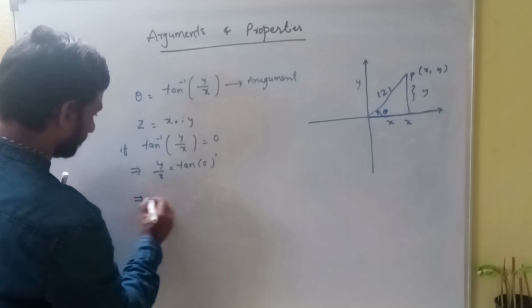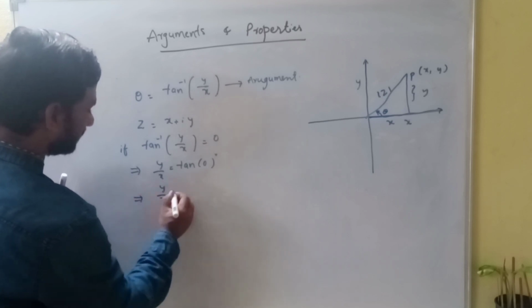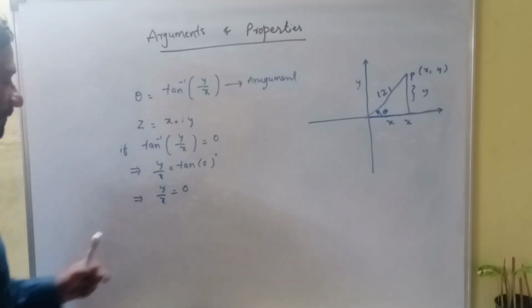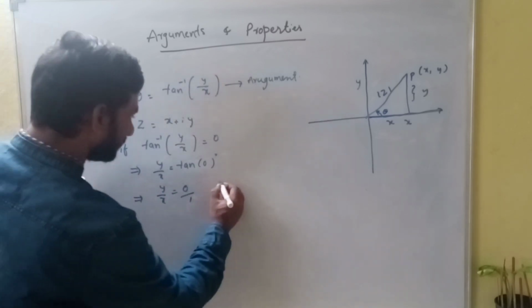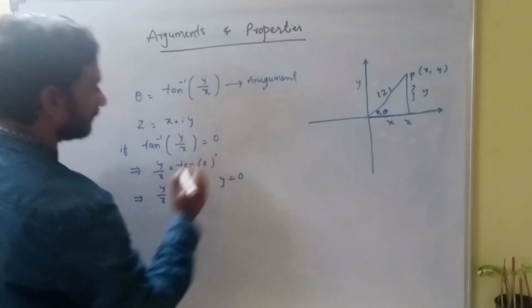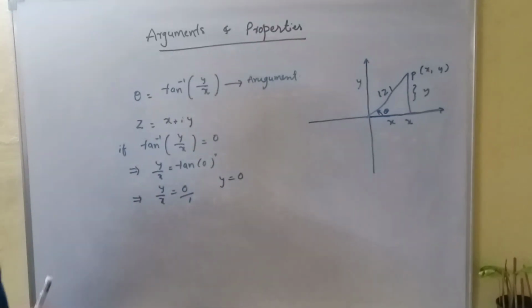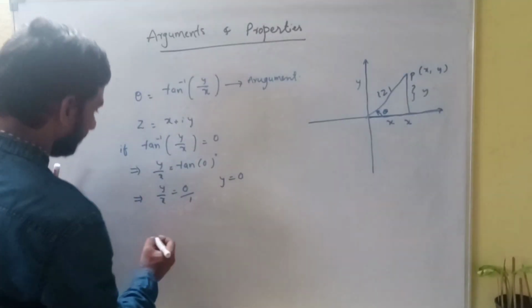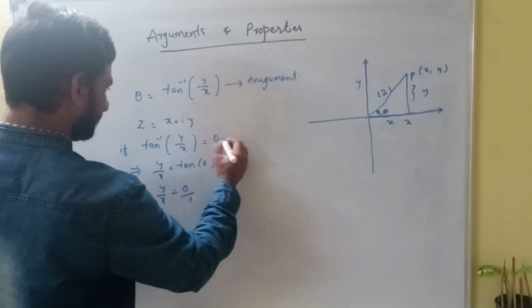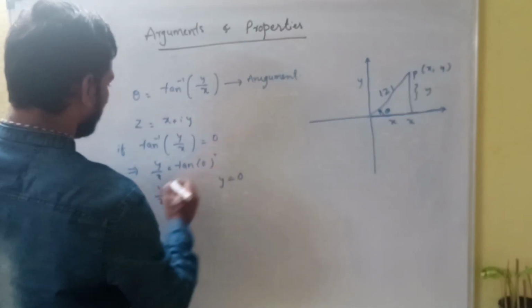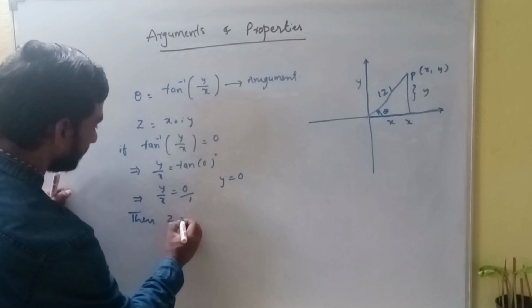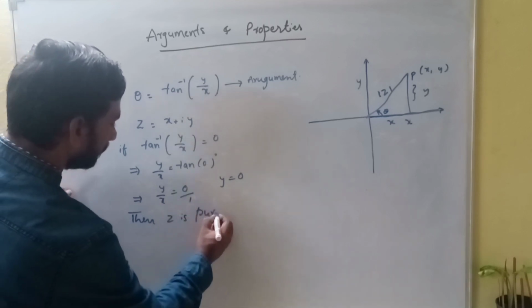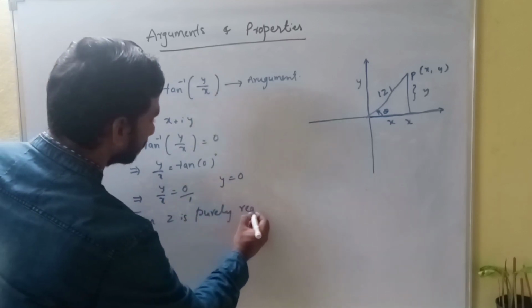That means y by x is equal to 0, that means 0 by 1. So if you compare this, y equals 0 and x will be 1. So from that we can say that if tan inverse y by x is equal to 0, then z is purely real.